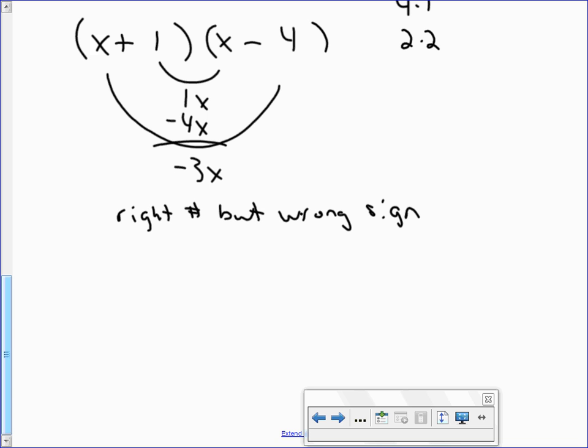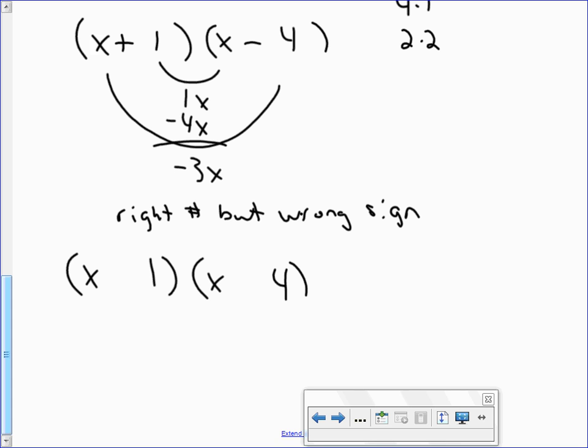When this happens to you, and it will happen to all of you somewhere, when you make a guess, and the middle number turns out to be the right number, but it has the wrong sign on it, then you want to take your same guess, the x, the 1, the x, and the 4, leave all of the numbers and letters where you had them, and change the signs, okay?